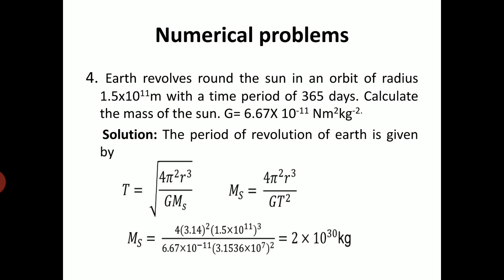Substitute all these values and calculate, we get the mass of the sun equals 2 into 10 to the power of 30 kg.